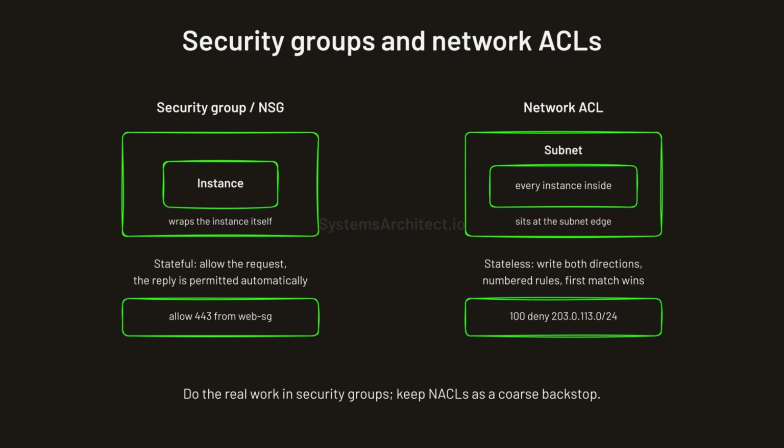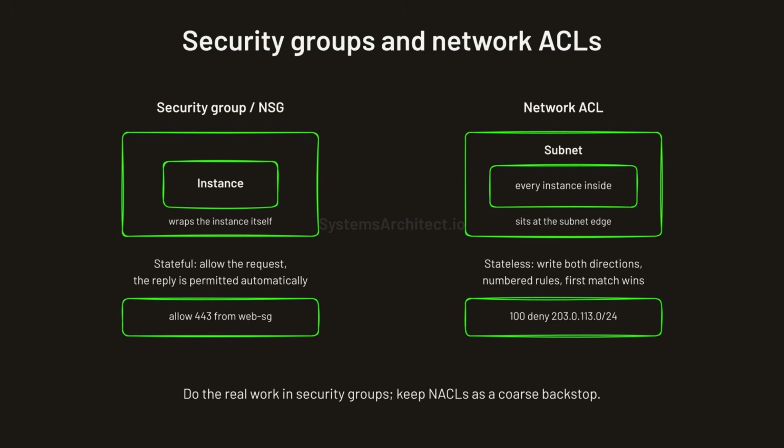Two filters guard your workloads, and confusing them causes hours of debugging. Security groups, called network security groups on Azure, attach to instances and are stateful. What does stateful mean? Stateful means a reply to an allowed request is automatically permitted, so you only write inbound rules.